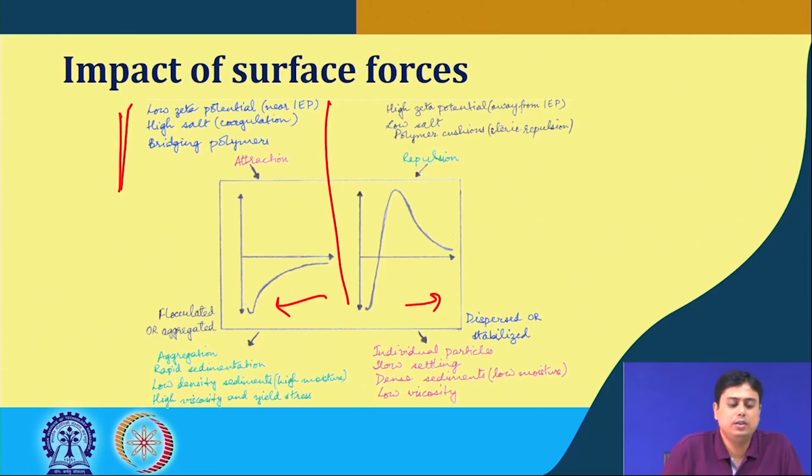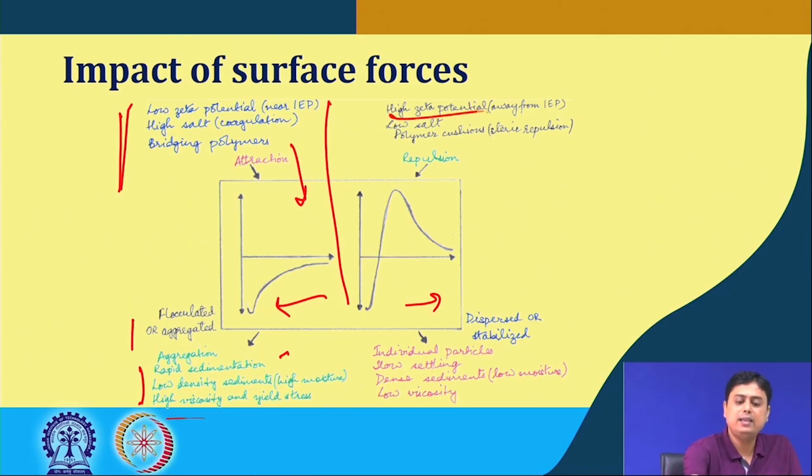Say the low zeta potential, near the isoelectric point, with a suspension with high salt, coagulation happens, and bridging polymers result in attraction of the particles, and then flocculation or agglomeration happens. We have the aggregated form of the particles, and this results in rapid sedimentation, low density sedimentation, which means a high moisture content, and a high viscosity and yield stress suspension.